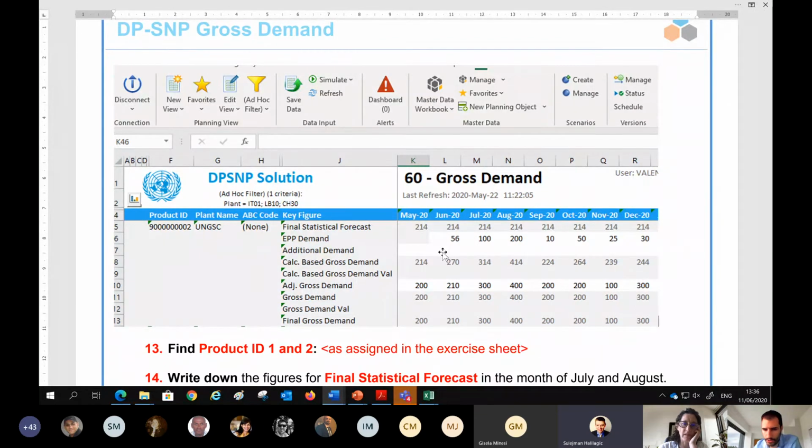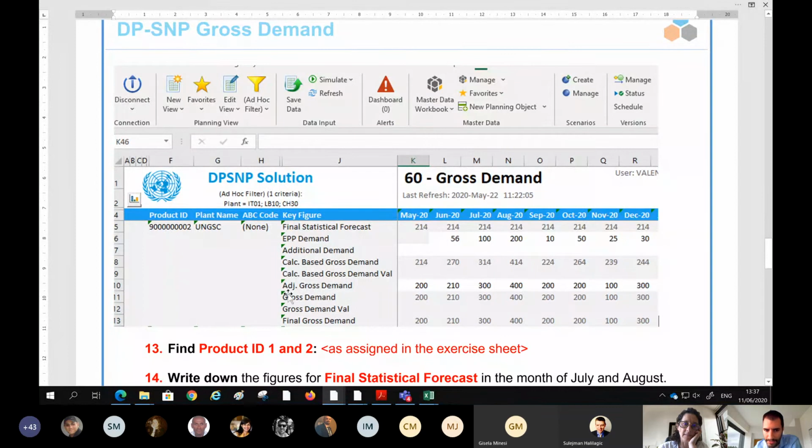It depends on where you are adjusting. If you are adjusting the key figure EPP demand, this key figure is also visible on the EPP template. If you are adjusting additional demand, it will also be visible on any other template that is showing additional demand.